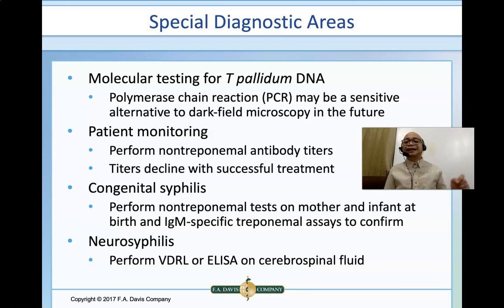Titer declines whenever there is a successful treatment, as you can see in the graph a while ago. For congenital syphilis, it is better to perform the non-treponemal test on the mother and infant at birth, and then an IgM-specific treponemal assay to confirm it. For neurosyphilis, we cannot do RPR on the CSF, so we perform VDRL or ELISA instead.